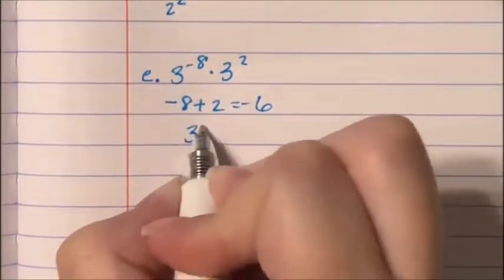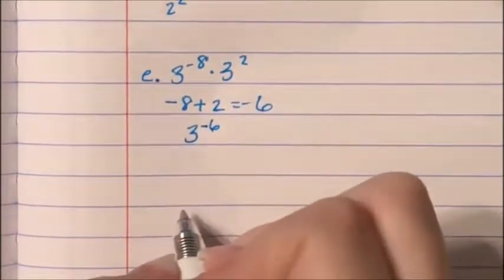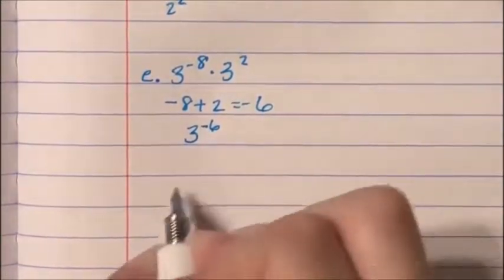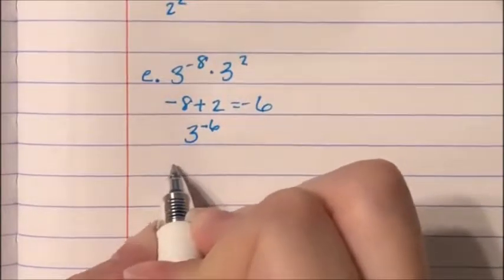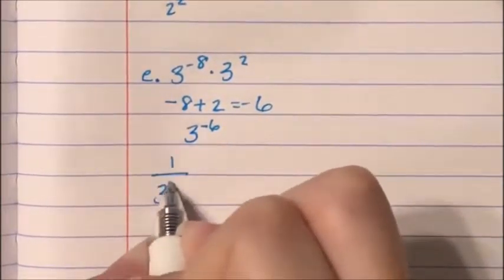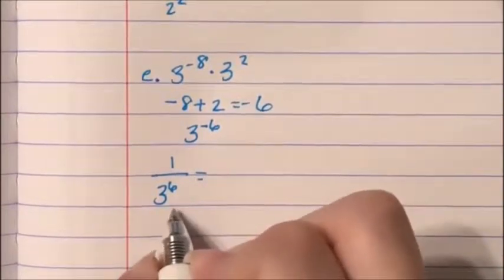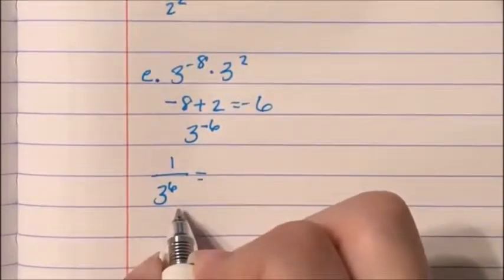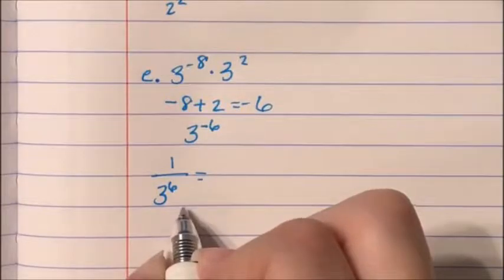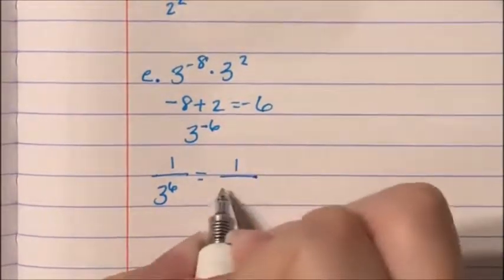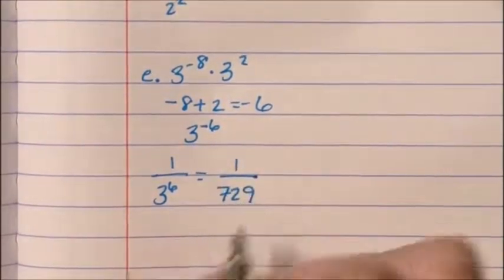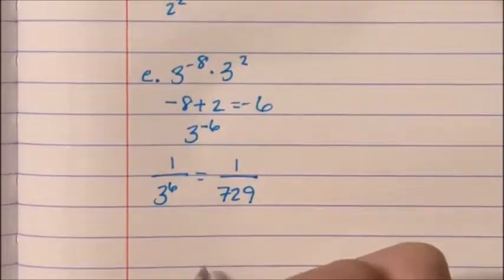So this is really 3 to the negative 6 power, which I can rewrite because I don't want any negative exponents. So this is 1 over 3 to the 6. When I multiply this out, 3 to the 6 is 3 times 3 times 3 times 3 times 3 times 3, which is 729.